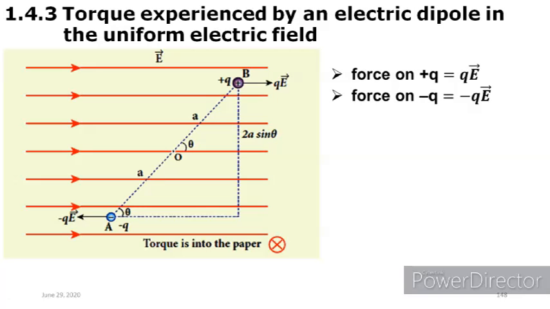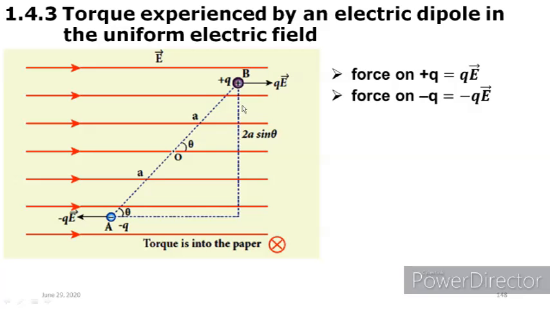Uniform electric field will have the same direction and constant magnitude at all points in space. It is represented by parallel red color lines. Now if I place a dipole AB at an angle theta with the electric field, then what will happen?